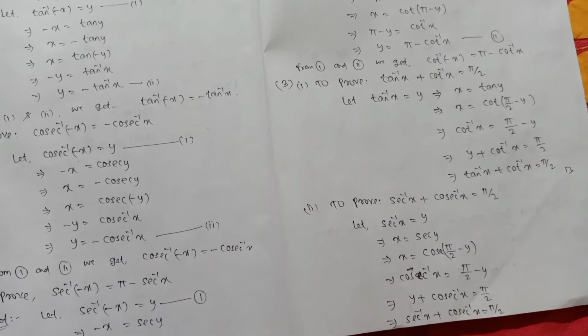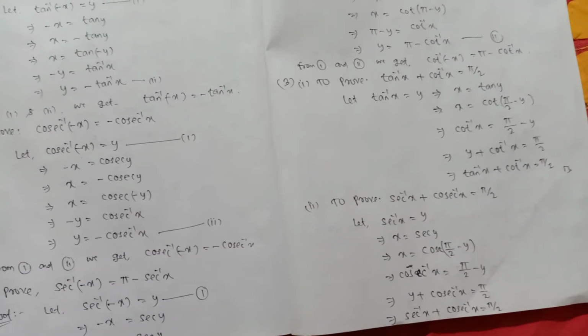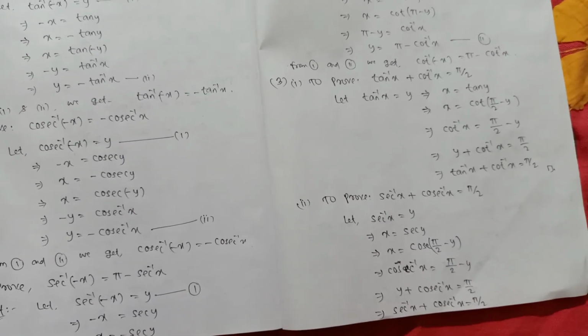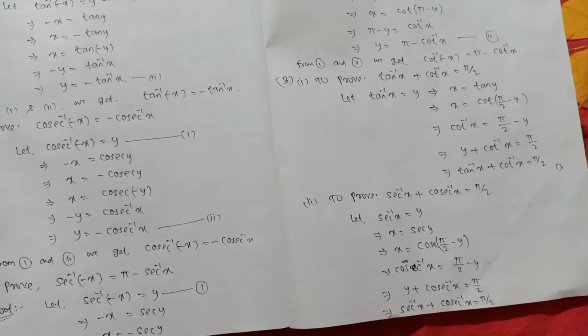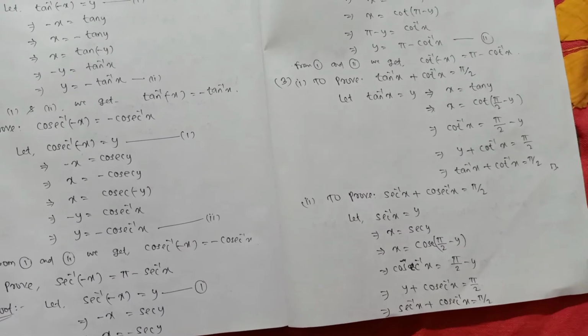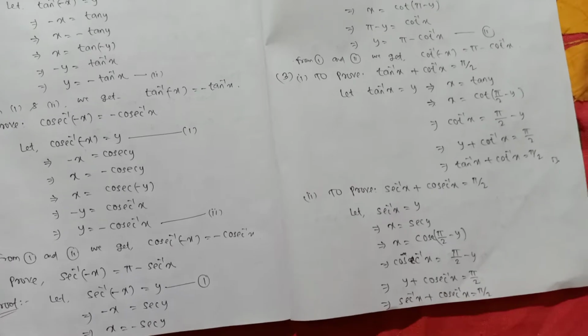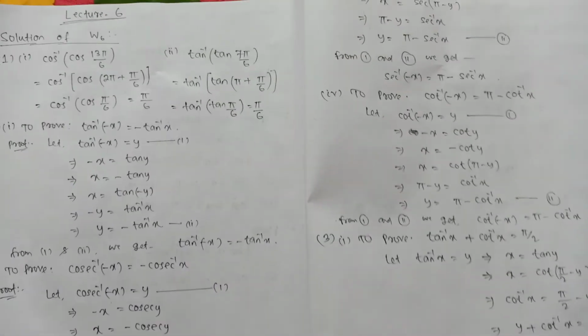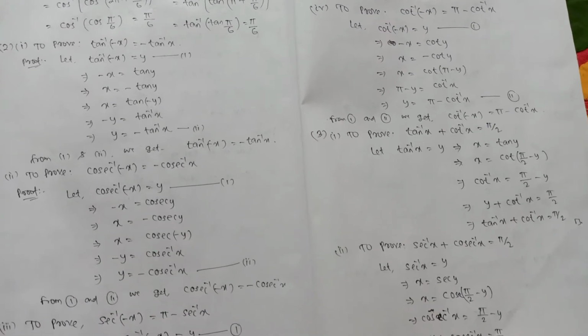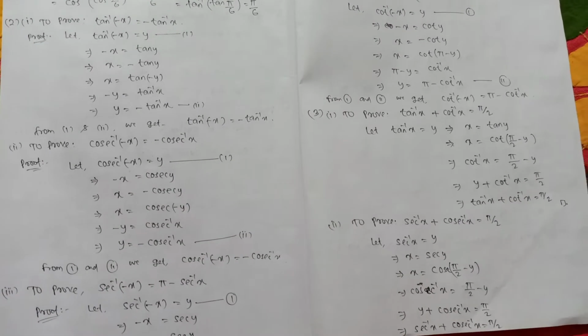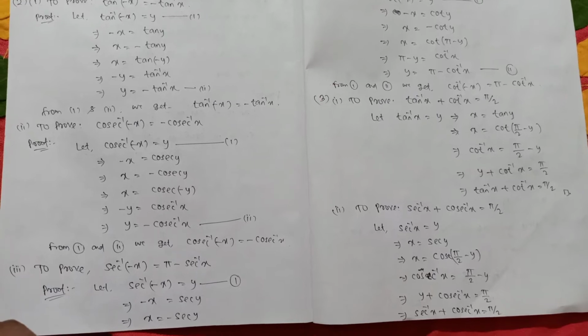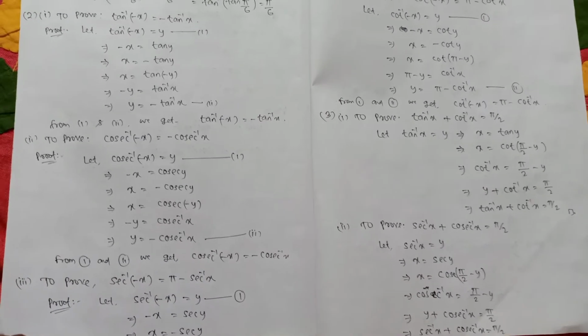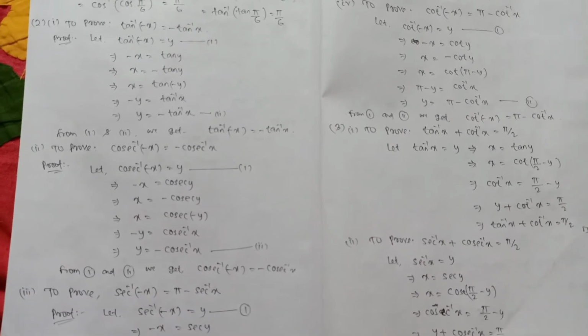One more formula is sin inverse plus cos inverse equal to pi by 2, because both sin inverse and cos inverse have the same domain, the closed interval [-1, 1]. So in this lecture we discuss some more problems on inverse trigonometric functions.